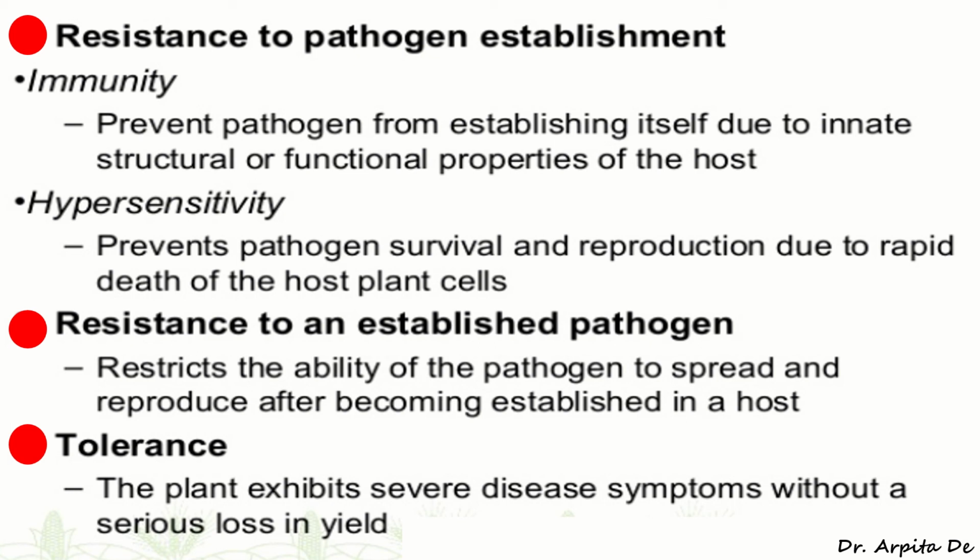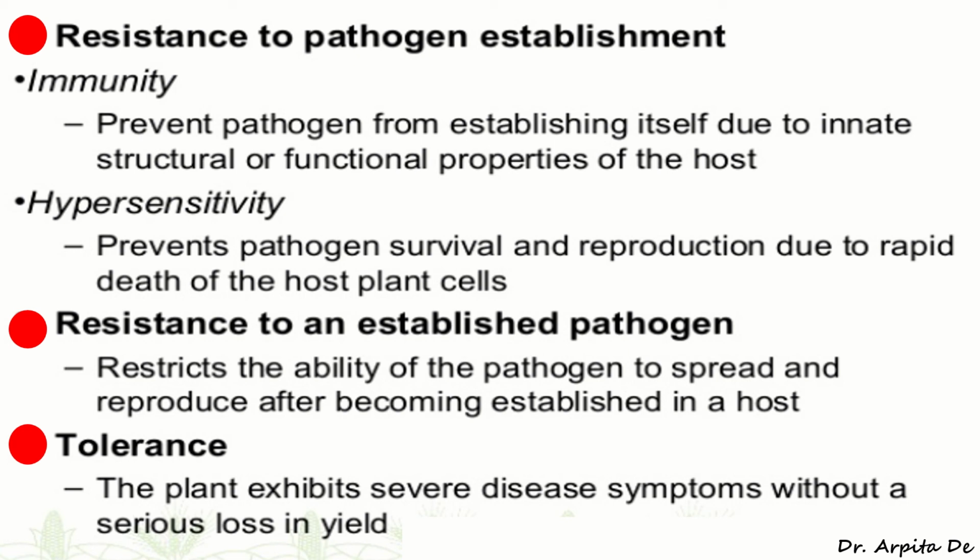Next, resistance to an established pathogen. What is this? This restricts the ability of the pathogen to spread and reproduce after becoming established in the host. The pathogen might get established in the host, but its further spreading is stopped or restricted.